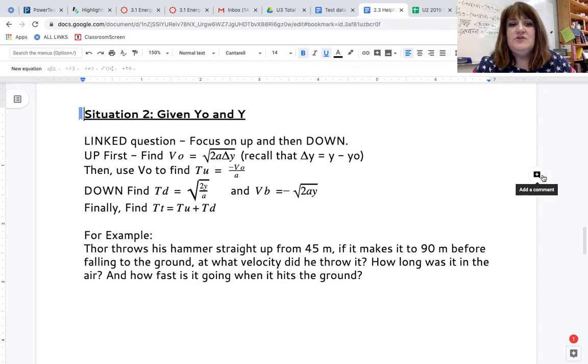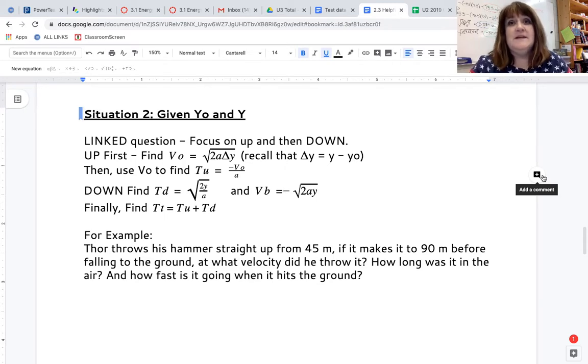Then you have to use your V naught that you just found to find the time up. Now, that's the only part that is linked. Then you can find your time down based on your height, your velocity at the bottom based on your height, and the total time being time up plus time down.